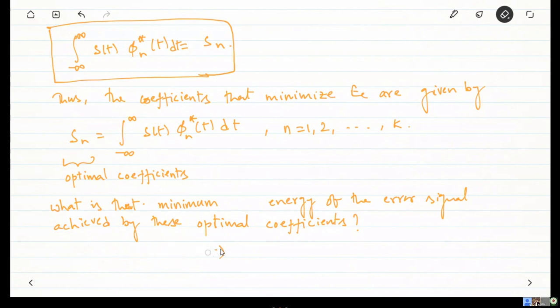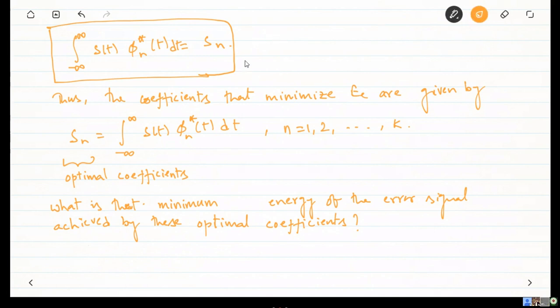So we'll answer this question in just 1 minute. So before that, let's pause for a moment and then see what we did. So let's try to find out how the coefficients are obtained.